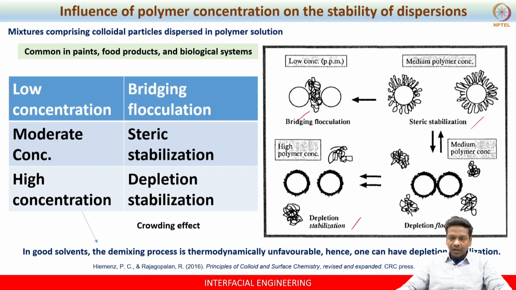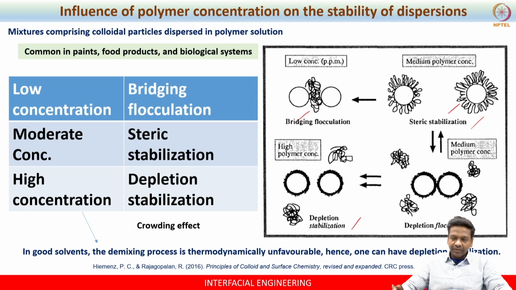This happens when there is no sufficient number of polymer chains to cover the entire surface, because the polymer molecules adsorb on the surface partially, not fully, so they will lead to bridging flocculation, right? On the other hand, when you have a sufficient number of molecules to cover the entire surface, you expect steric stabilization to occur.